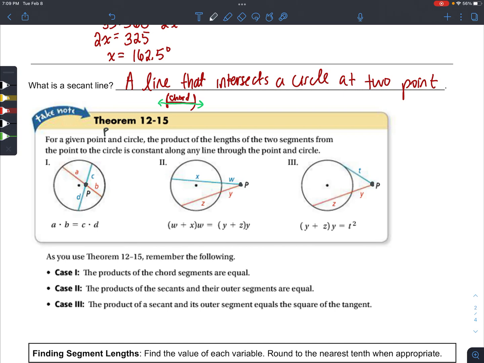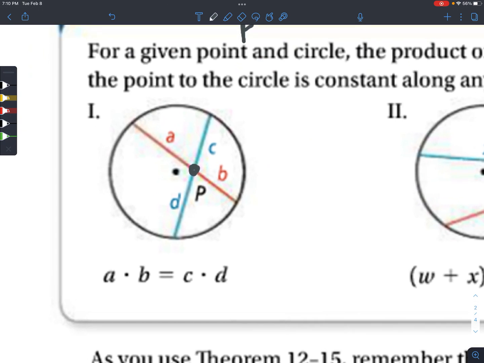From that point and the edge of the circle, the product of the lengths of the 2 segments from the point to the circle is constant along any line through the point in the circle. So it's a very lofty type of statement, but what it's getting at, let me label some more points, and I'll try and do this on each problem for you.